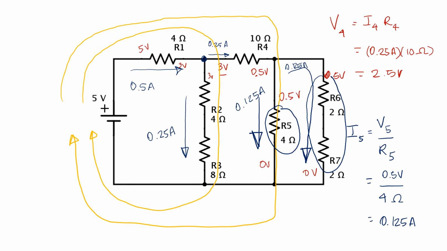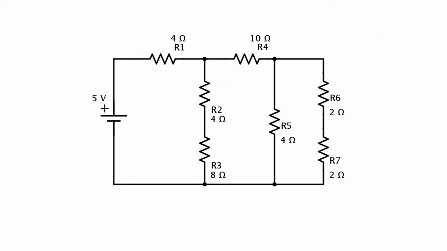So let's go over and talk about the last leg. All right, we've got the last leg here. We know that the current that comes into this leg is 0.125 amps. We know that the combined resistance is 4 ohms, and we know that this resistor on top starts out half a volt higher in potential than this one down here on the bottom. So how much does each one drop? Well, I can figure that out.